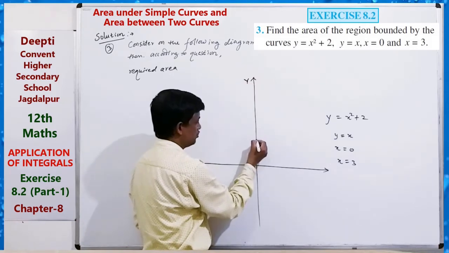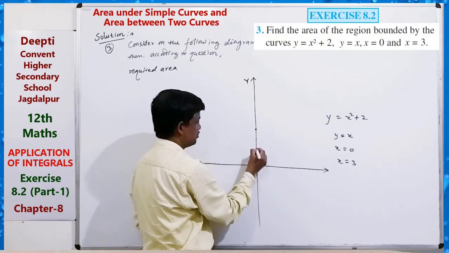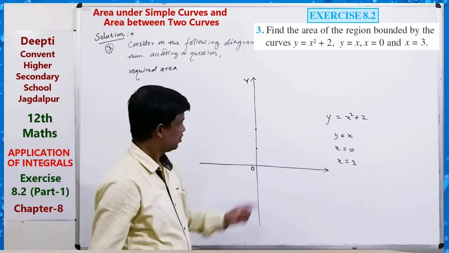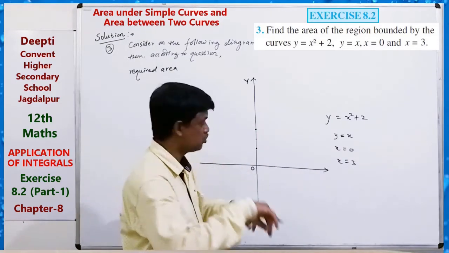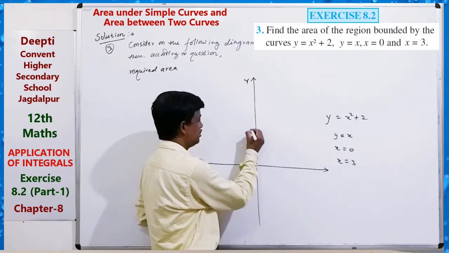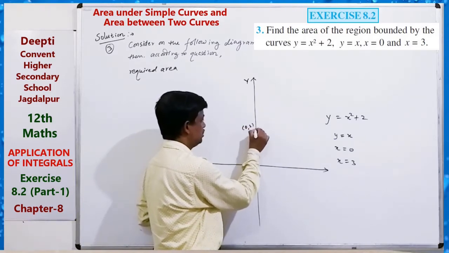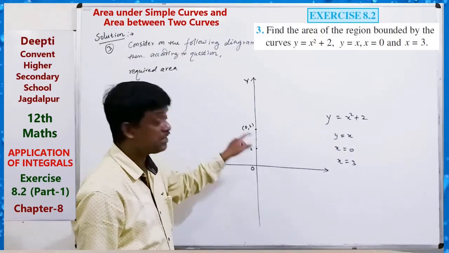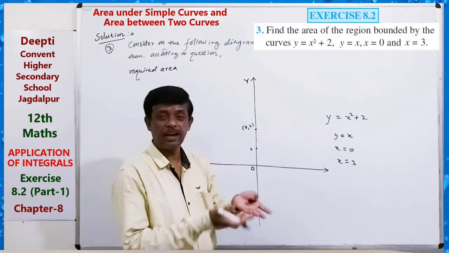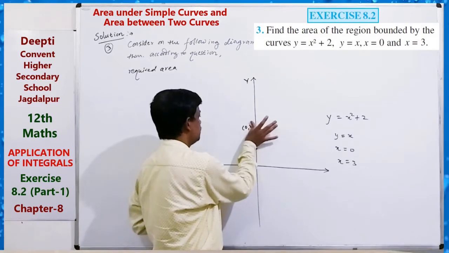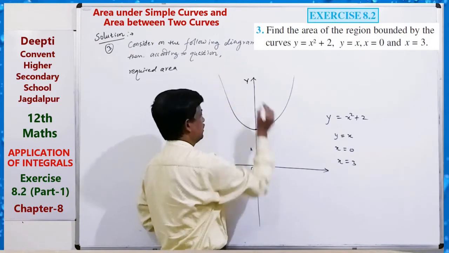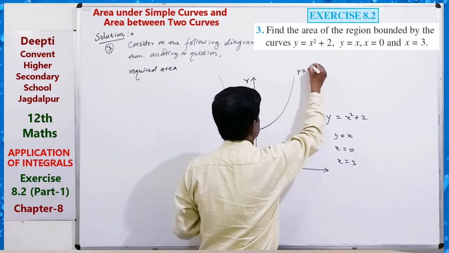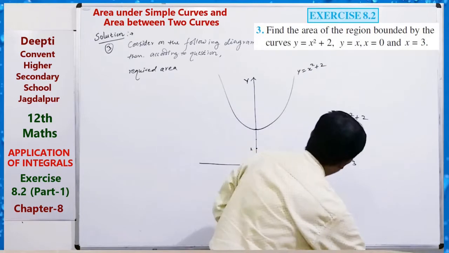Here y equals 2. At x equals 0, y equals 2. So this is the point 0, 2, and this point is the vertex of the parabola, opening upward. So we can draw the parabola like this. This is y equals x square plus 2.